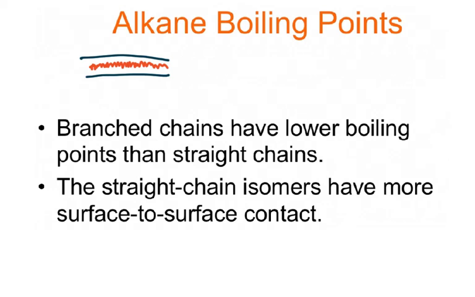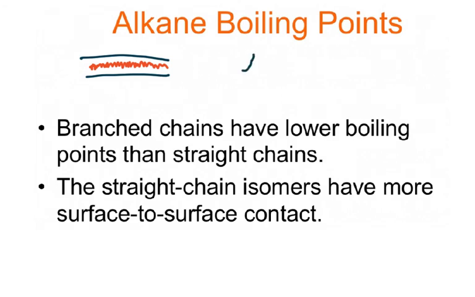Remember that we're trying to separate the two from each other. That's our objective when you're boiling something. It takes more energy to separate compounds that have straight chains because there's more surface to surface area contact between the two molecules.